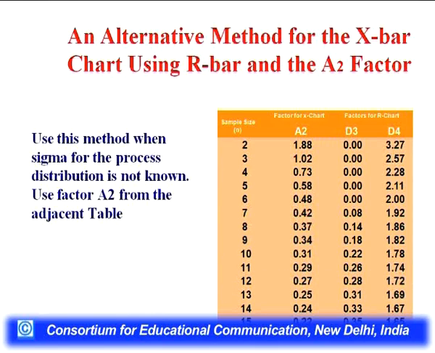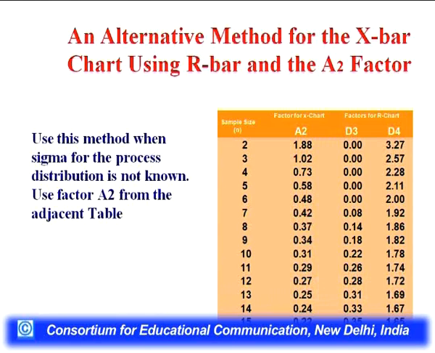In both charts, the observation should be within the control limits. Even if in one of the control charts it is out of the control limits, we have to stop the process and find out the assignable cause.